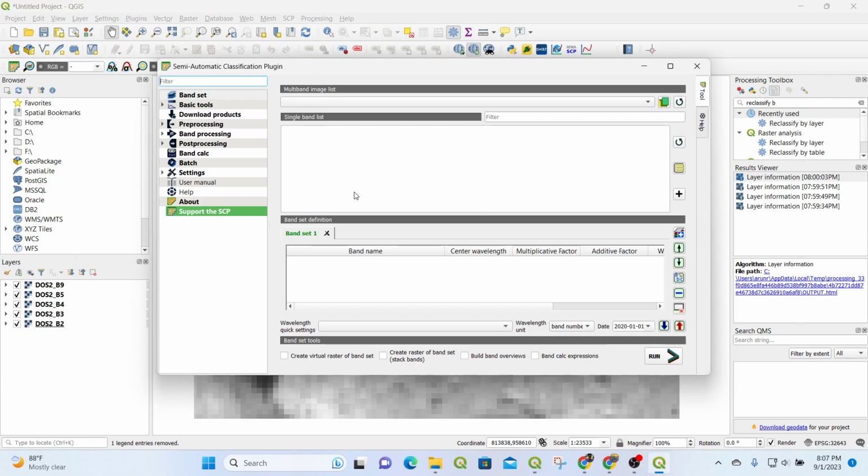Once you come there, this window will be loaded. If you click on refresh list, whatever rasters are open on the left side will be displayed here. This is the band set that has come.